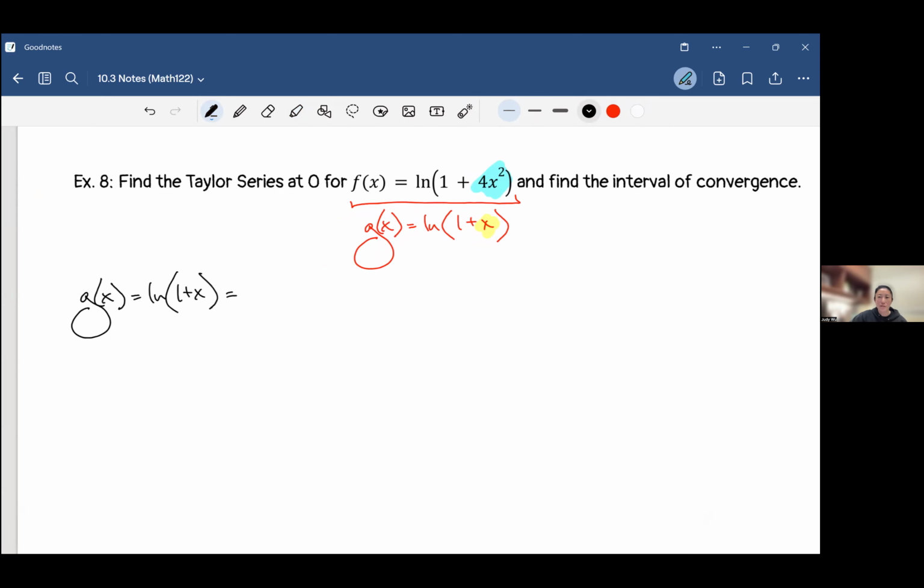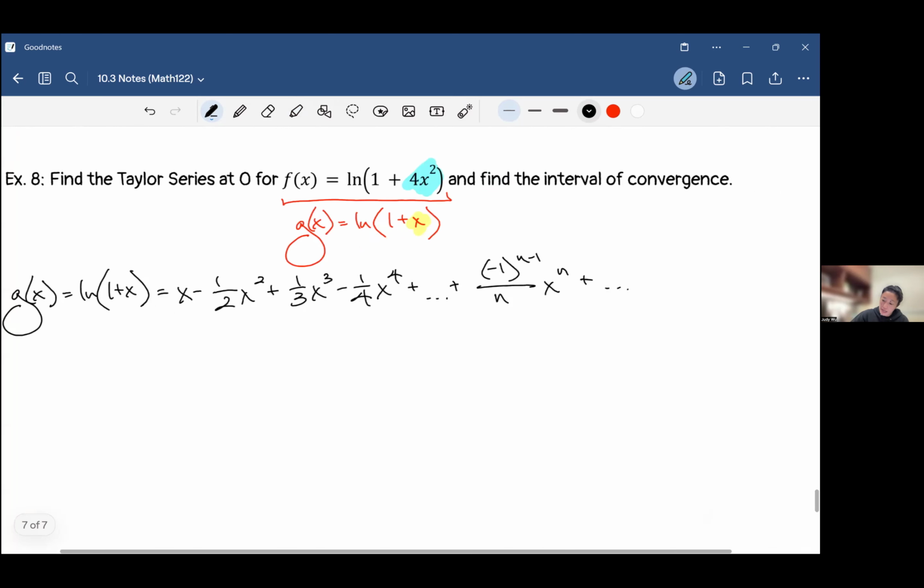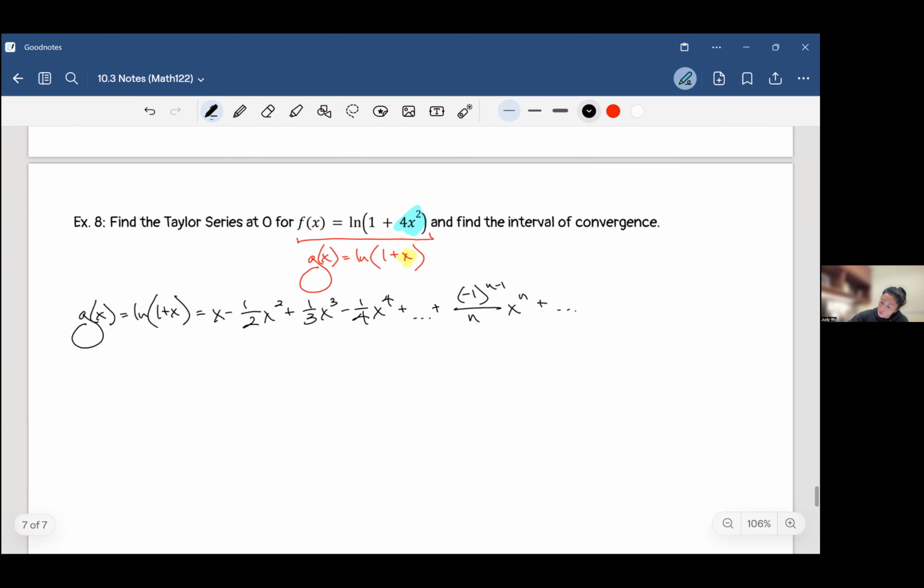All right, this is one of those alternating ones. x minus 1/2 x squared plus 1/3 x to the third minus 1/4 x to the fourth plus negative 1 to the n over n x to the n. Oh, sorry, this is n minus 1. Now this does have an interval of convergence from negative 1 to 1.